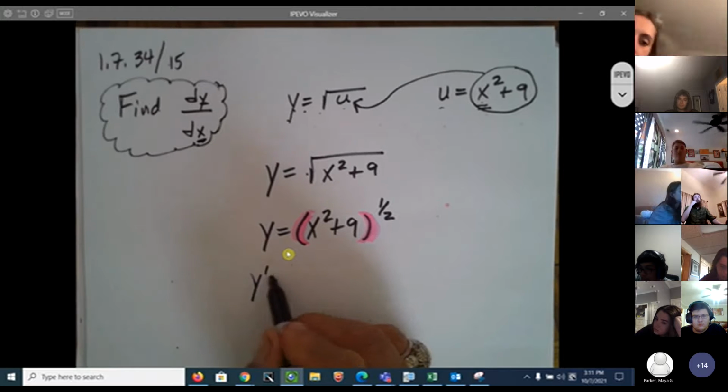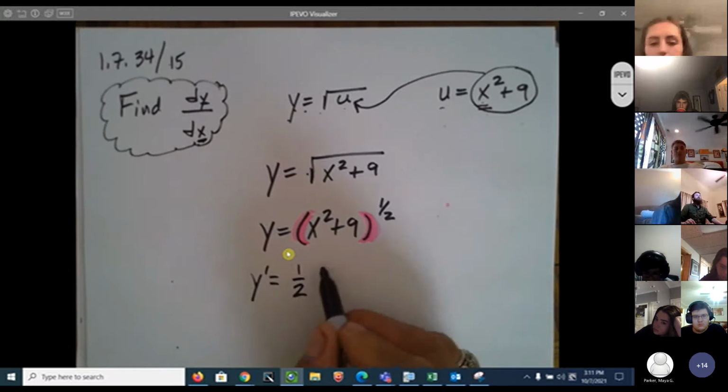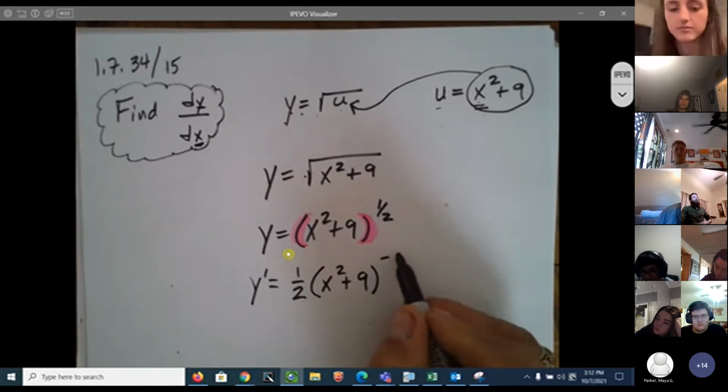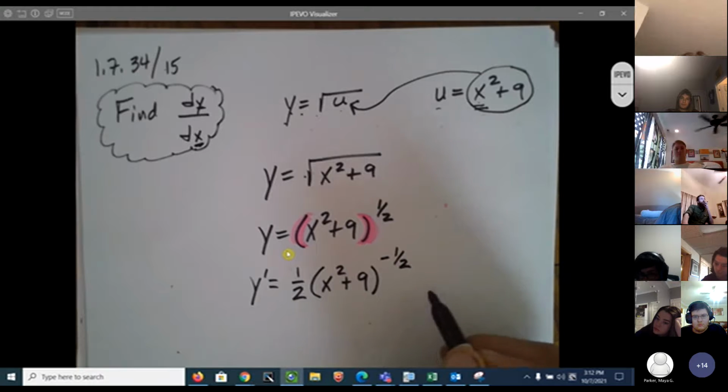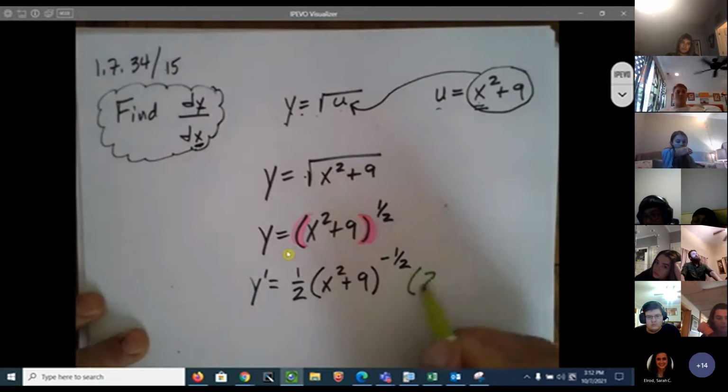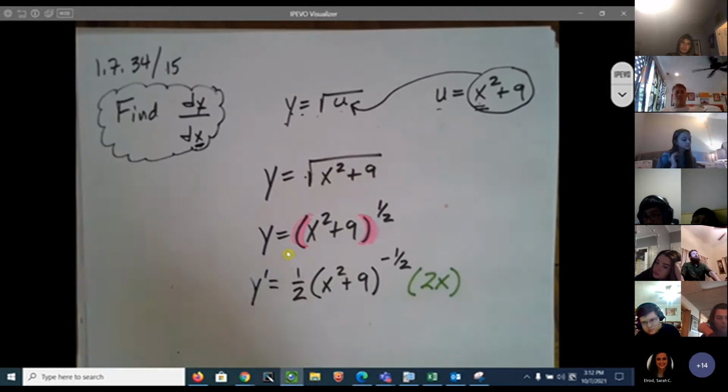Y prime is equal to 1/2 x squared plus 9 to the negative 1/2. And then what's the derivative of x squared? 2x. Okay, calculus is done. Now simplify this.